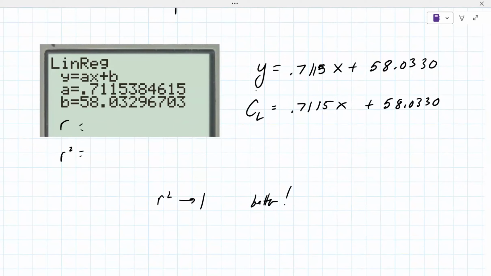If R squared equals one, wouldn't it be a perfect fit? Exactly.